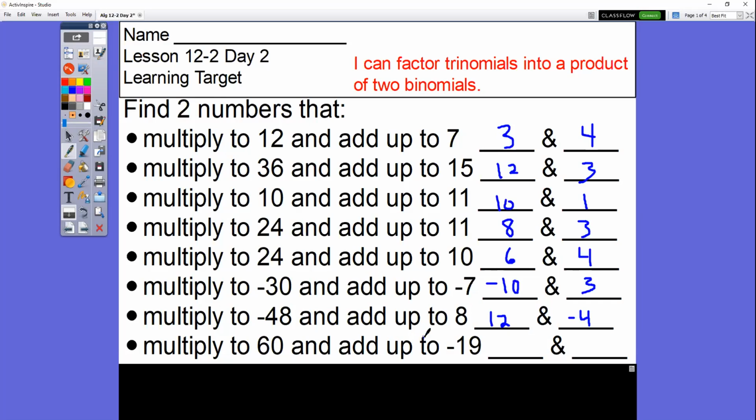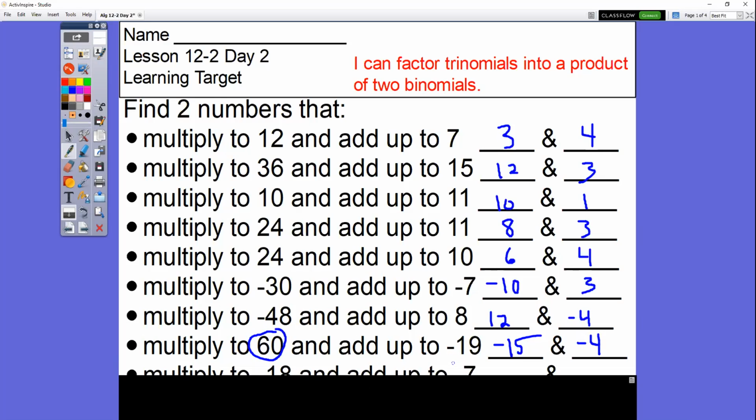Yep, it is negative 15 and negative 4. This one's a lot more challenging because you have to remember that a negative times a negative gives you a positive. But when you add these two negatives together, it will give you a negative answer.